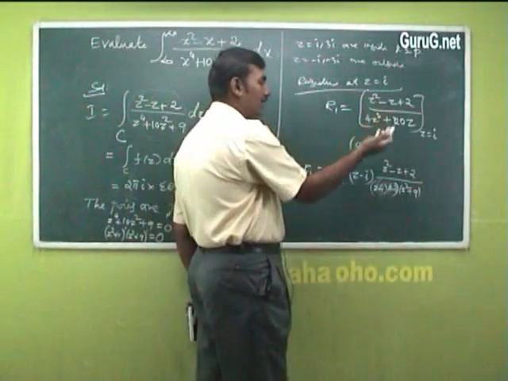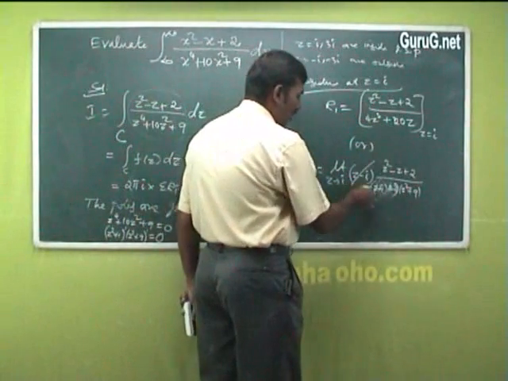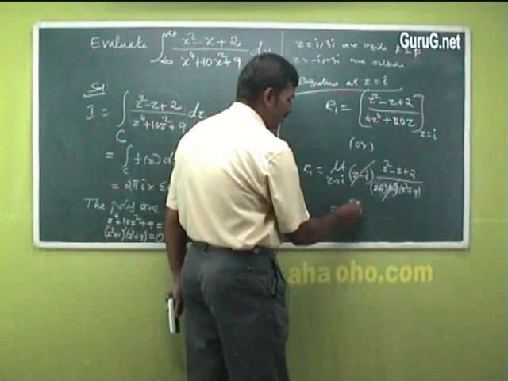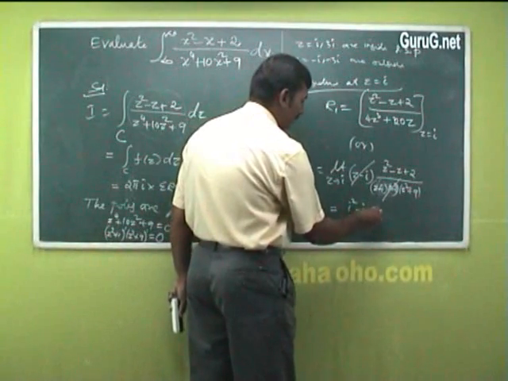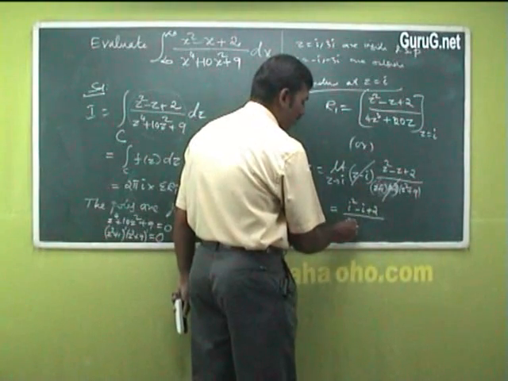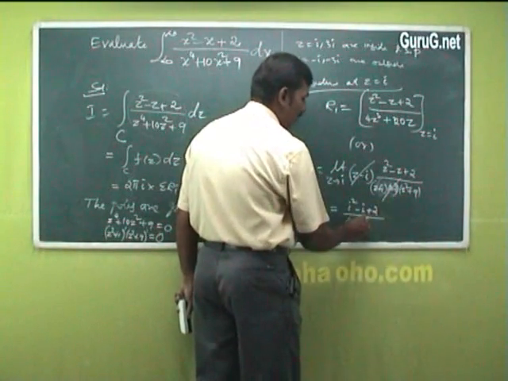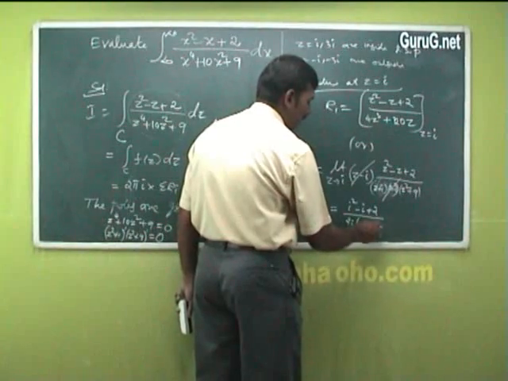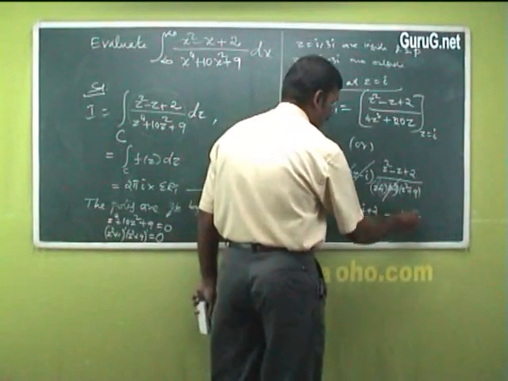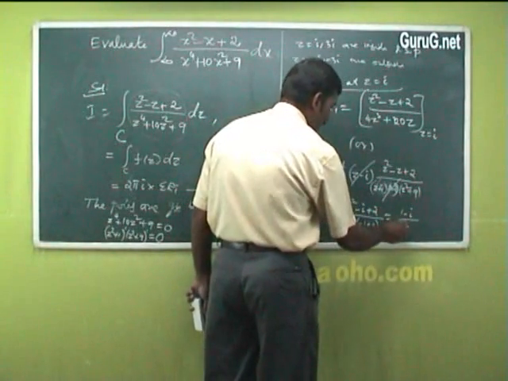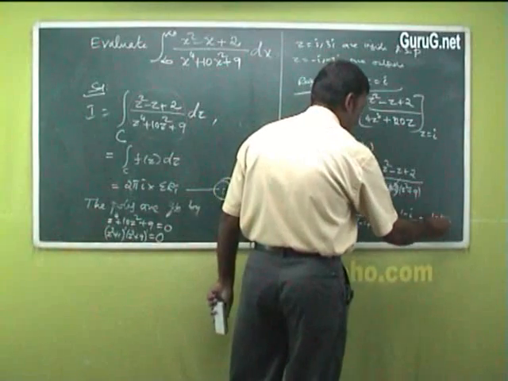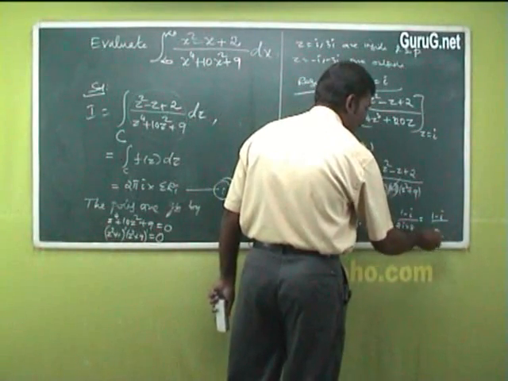Either you can apply this method or this method, right? If you substitute z equals I, what will come? I squared minus I plus 2 by I plus I, which is 2i, then I squared is minus 1 plus 9. So minus 1, then 1 minus I by 2i into 8, so 1 minus I by 16i.